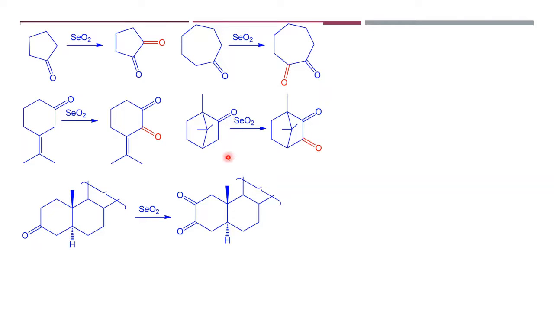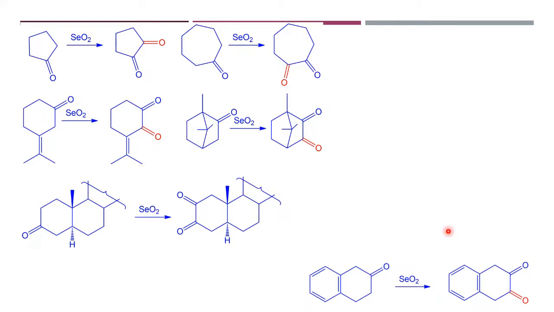For this one, this is the alpha position which has a CH2 group, so it will be oxidized over here. For this compound, that is the alpha position which will be oxidized. And again, in another compound, this particular alpha position is getting oxidized selectively.